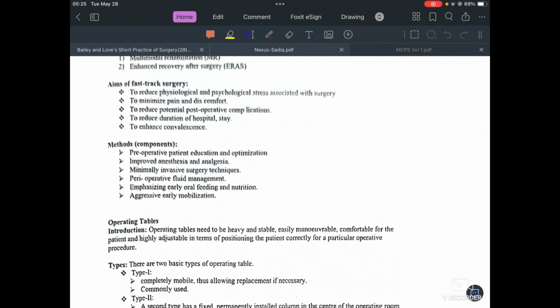These four points are extremely important: first, MIS; second, fluid management; third, early oral feeding and nutrition; and aggressive early mobilization. Preoperative patient education and optimization, and improved anesthesia and analgesia, start from patient preparation.